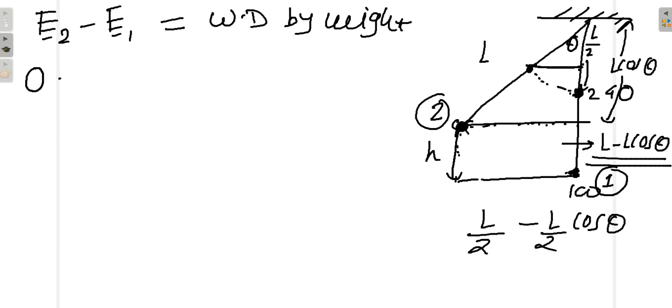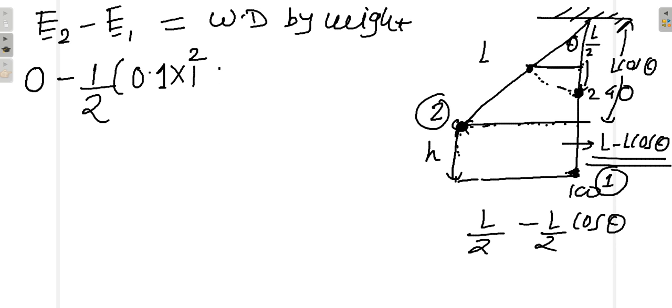So the kinetic energy is given by half I into omega square. So half, moment of inertia of this 100 mass particle will be m r square. M is 0.1. R square is 1 square only. So half into 0.1 into r square.